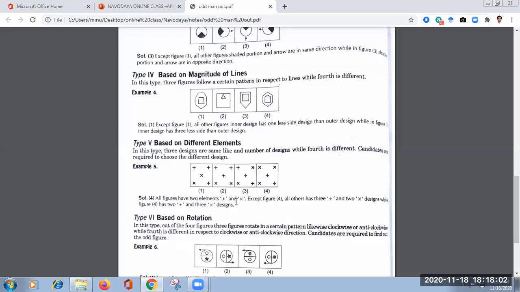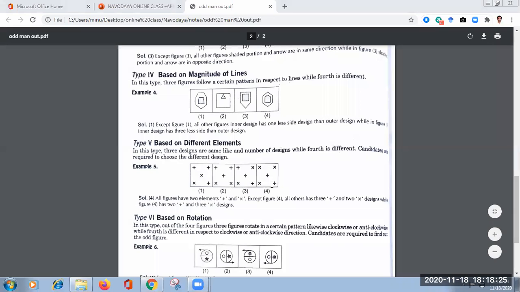There are 4 pictures. Tell me your answer. First of all, use the chat box and give me your answer. What is the different one in this? Srivalli and some people are saying that 4 is the answer. Vamshi is saying 2 is the answer.